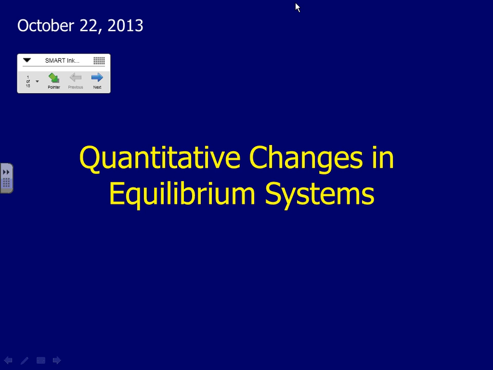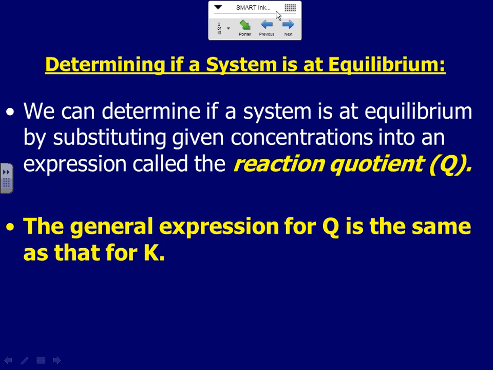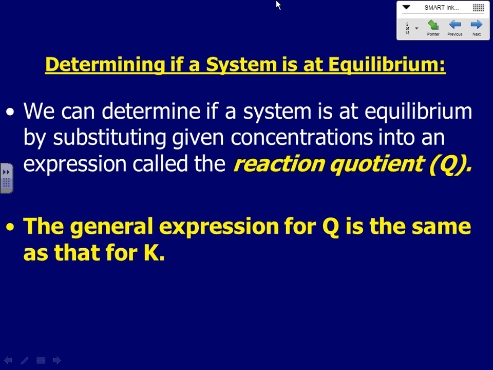And that's the first thing we want to cover today. Is a system at equilibrium? So, first scenario that we're going to deal with is answering the question, is a system at equilibrium? And we're dealing with it mathematically, obviously.